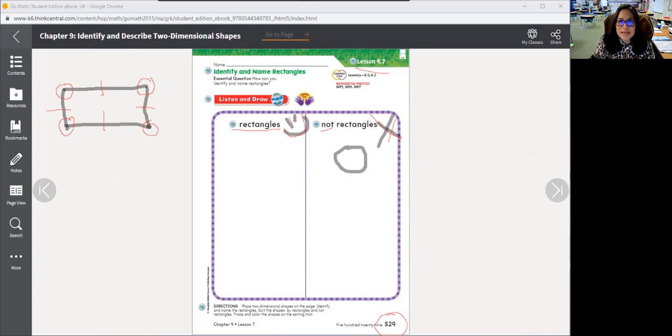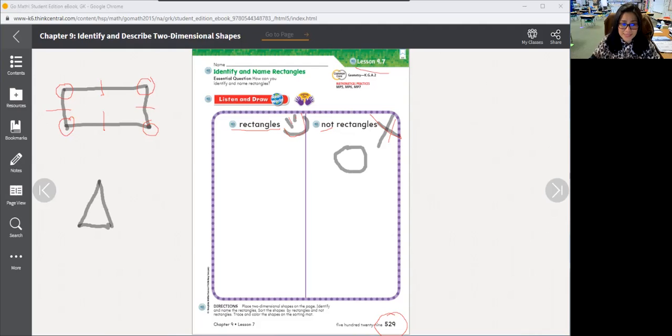All right, next one. Let's see who the other person is going to help me out with this shape. And this shape is going to be like this. That's the shape. And I'm going to call on Sadie. Sadie, turn on your microphone. Tell me, yes or no, is this shape a rectangle? Yes.